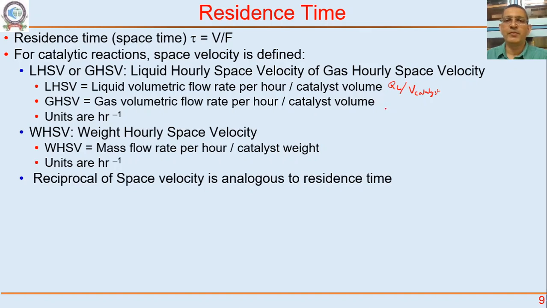Gas hourly space velocity is the volumetric flow rate of gas divided by volume of catalyst. So this is like the inverse of residence time. Do you see that?